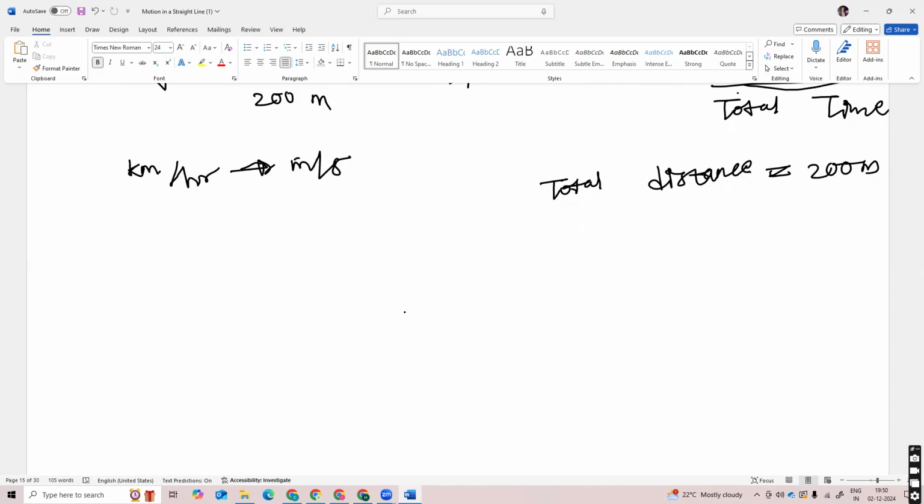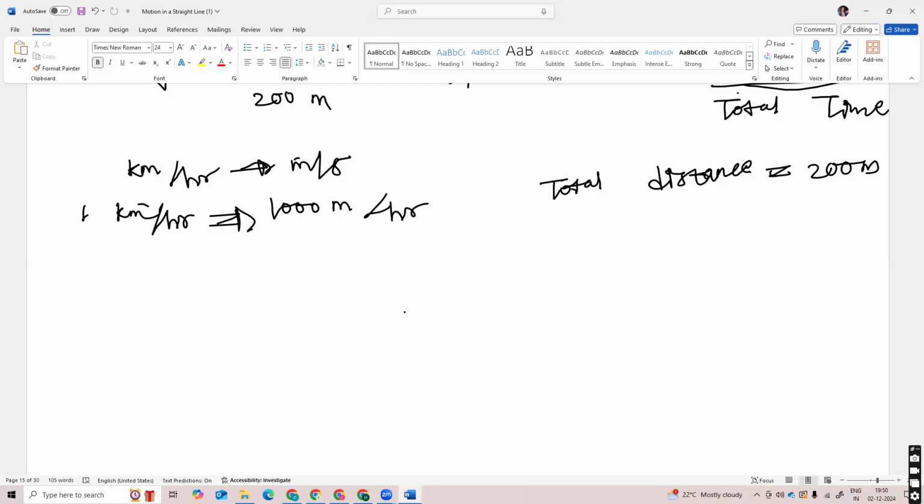If we have a speed of 1 kilometer per hour, then 1 kilometer is basically 1000 meters. So we can write this 1 kilometer per hour as 1000 meters per hour.